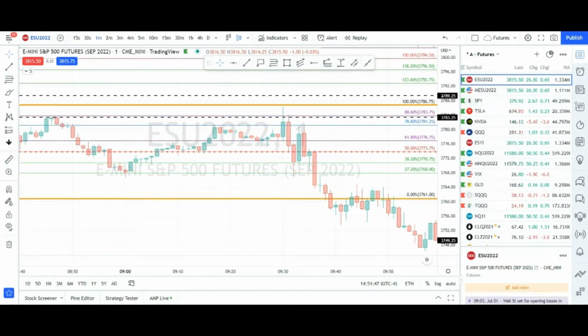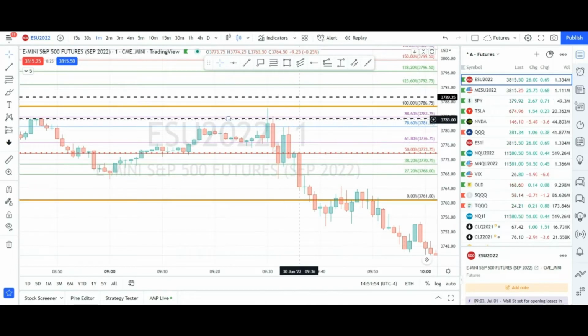This is the ES chart. Sorry, I was thinking that this is a SPY chart, but no issue. So if the trade executes, my stop loss is almost 6 points, which is 6 times 50, $300.